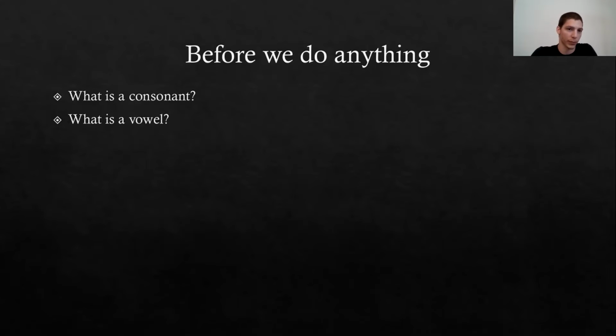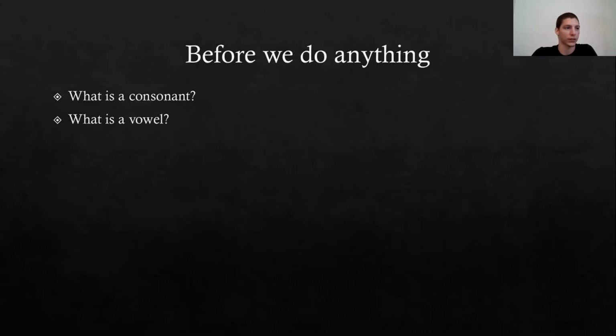So in the English alphabet, your answer to what is a consonant would probably be B, C, D, F, G, H, J, and so on, where you just list the consonants that you know. And same thing for vowels: A, E, I, O, U, and maybe Y, if you were taught that Y is sometimes a vowel.